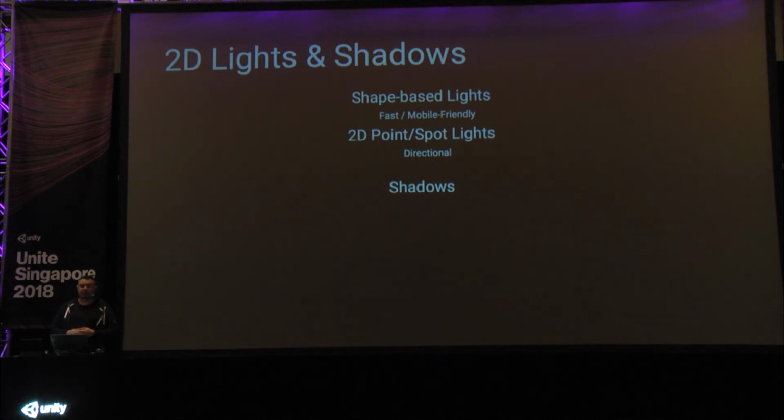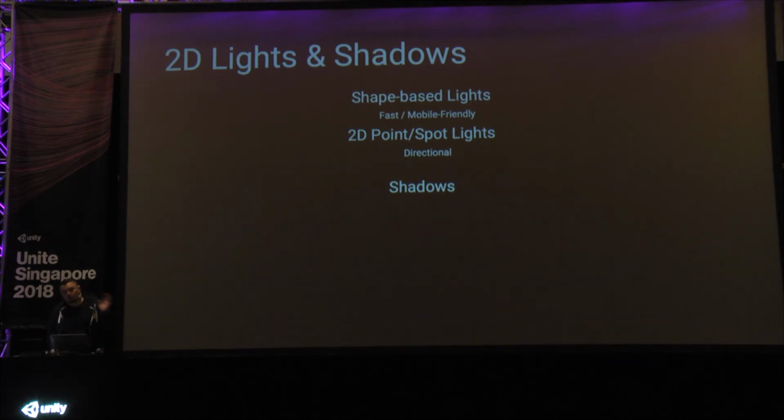So these lights are going to be shape-based lights that don't have any directional information, but that you can use to add mood and color and tone to your games. And then another set of lights, 2D point and spotlights, and in this case they do have directional information, possibly drawing from masks or normals and things like this that you can apply as secondary textures to the sprites that will be affected by this.